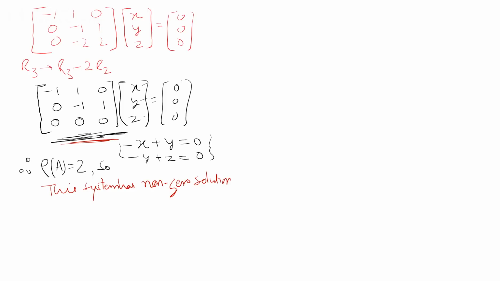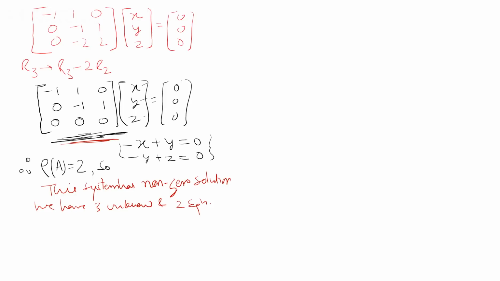So here we have 3 unknowns and the rank of the matrix is 2, that is, we have two equations.